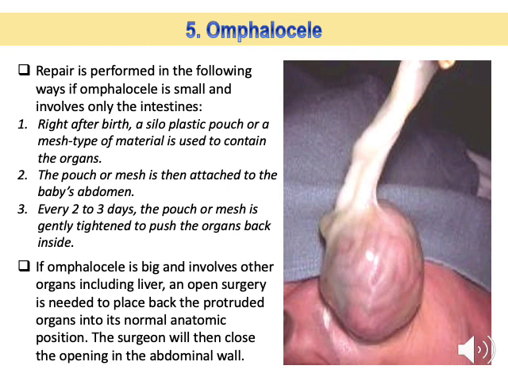But if omphalocele is big and involves other organs including liver, an open surgery is needed to place the protruded organs back into their normal anatomic position. The surgeon will then close the opening in the abdominal wall.